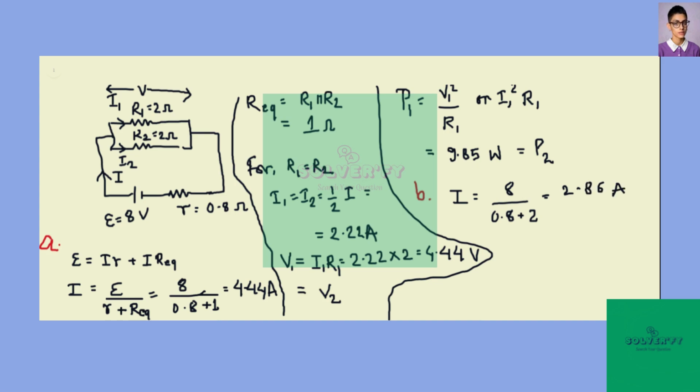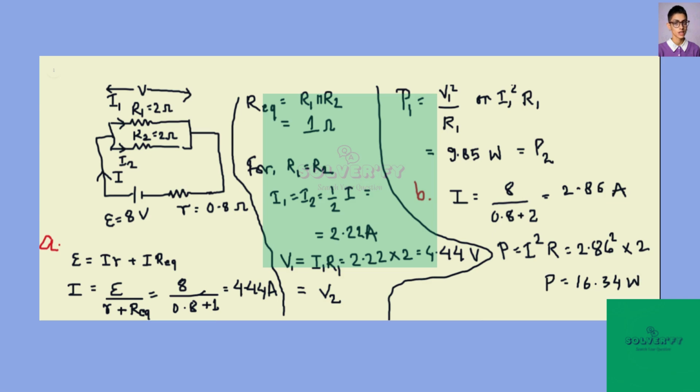Well, the total current of the system decreases. It was initially 4.44, but now it's 2.86. But this whole current is received by one of the resistors. So the power in either of the resistors is equal to I squared R. So this is equal to 2.86 squared into 2, which comes out to be 16.34 watts.